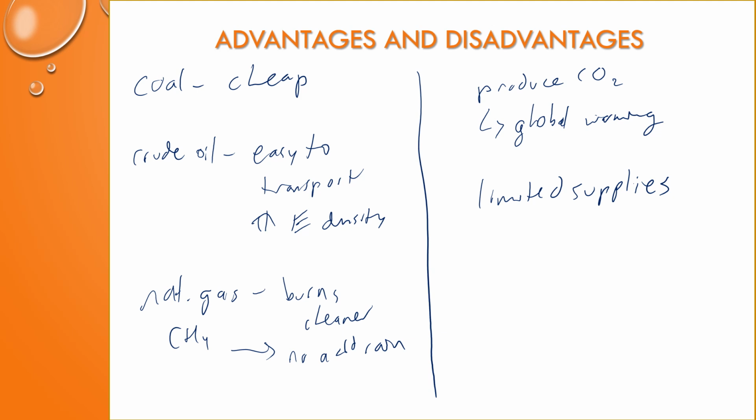Pretty much all of them have the possibility of producing carbon monoxide as an unwanted product through incomplete combustion. And for coal and crude oil, they could contribute to acid rain because they tend to have sulfur or nitrogen impurities, and those sulfur oxides, nitrogen oxides can react with water vapor to produce acidic products, which can lower the pH of rain.